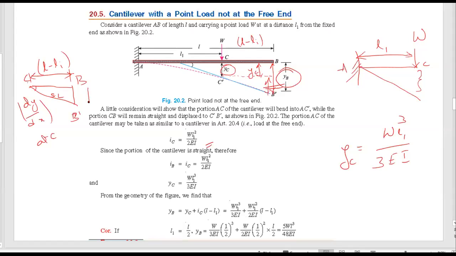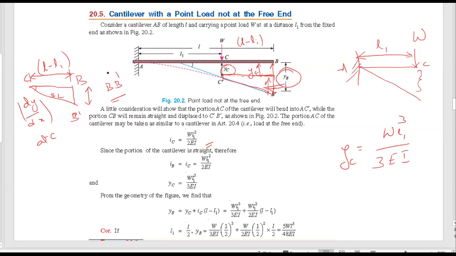Now I need this height, that is the B dash height. This is the triangle I am considering now.